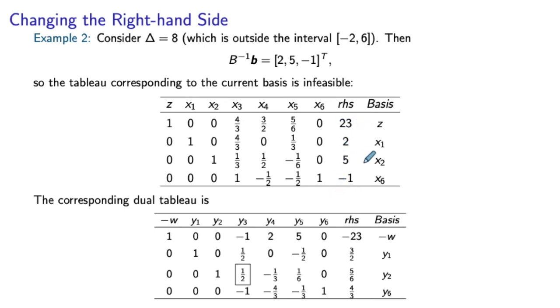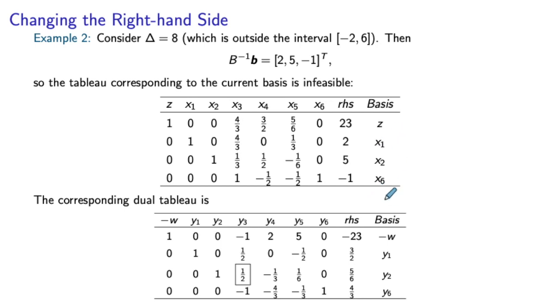So this is the part that was affected by the change compared to the previous optimal tableau. And now we see that we have -1 for x6, and we cannot just proceed with the simplex iterations because this tableau is infeasible. So the corresponding basis is not feasible anymore.